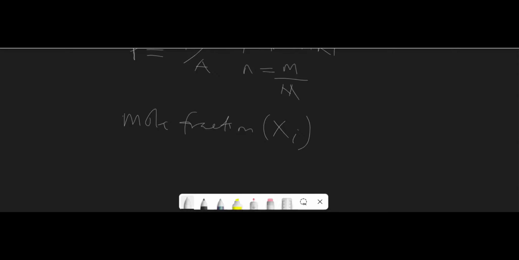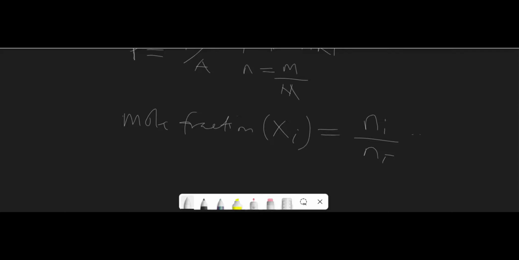And how do we get this mole fraction? It can be in the form of Ni over N total. What is the meaning of Ni? Ni means the number of moles of i divided by the total number of moles. So mole fraction can be number of moles of i divided by the total number of moles.